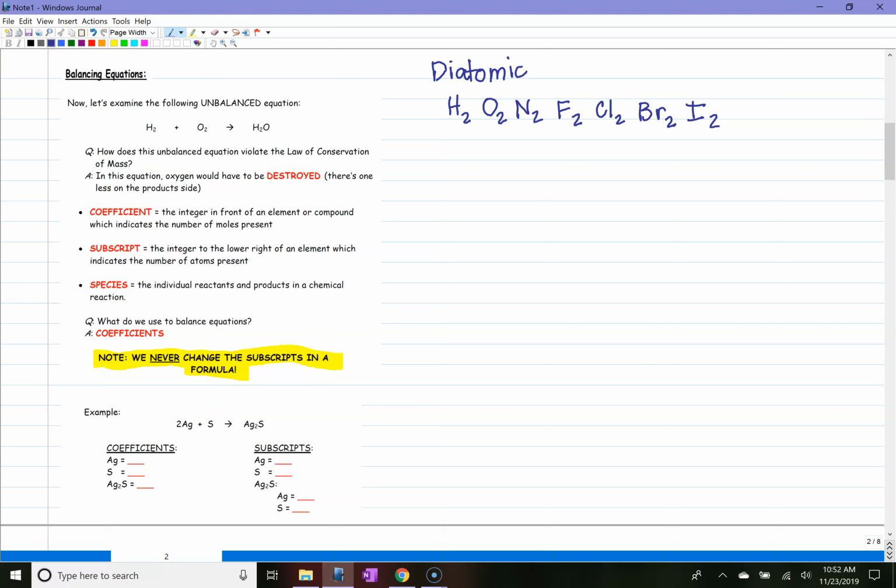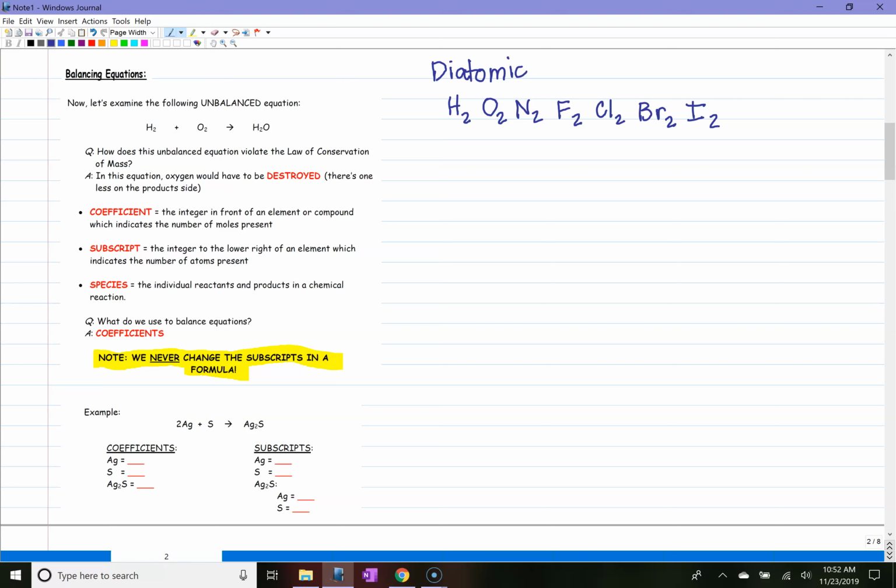So how does this equation violate the law of conservation of mass? Well, in this equation above, there's only one oxygen on the product side and there's 2 on the reactant side.